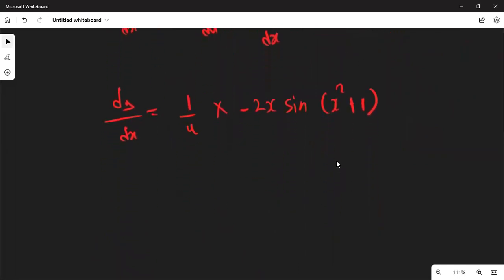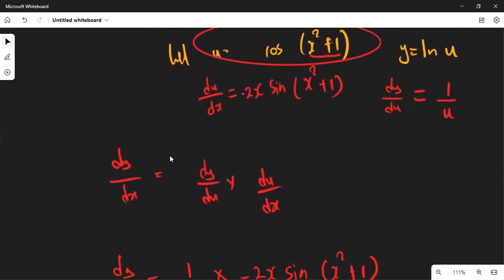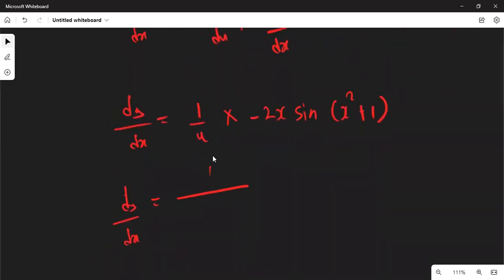So we're going to have our dy dx written now this way as 1 over u. We said our u here. Okay, let me just put it so that you can be clear. Cos squared x plus 1. So it's going to be cos x squared, okay, it's fine, we're going to rewrite this.